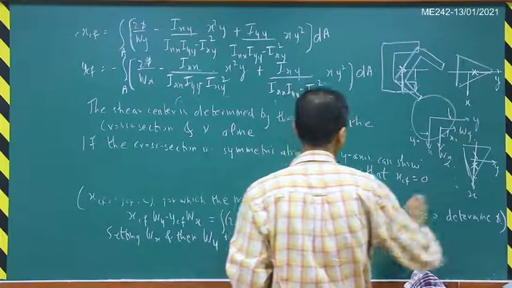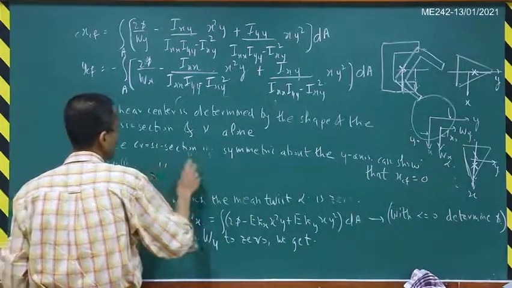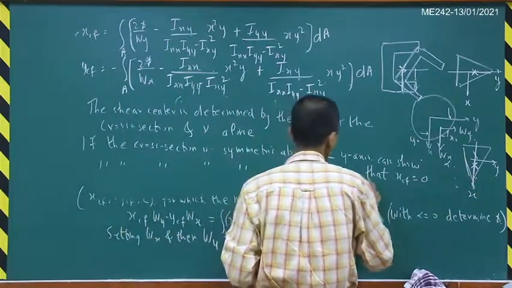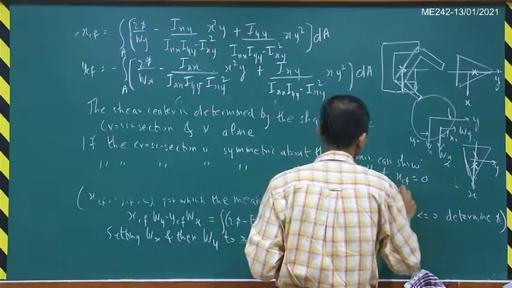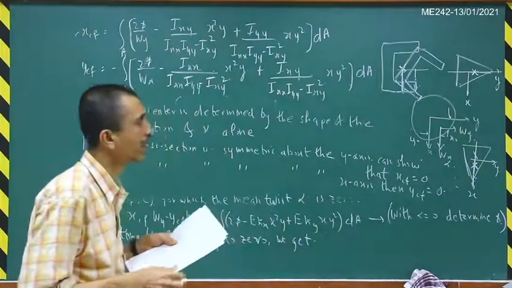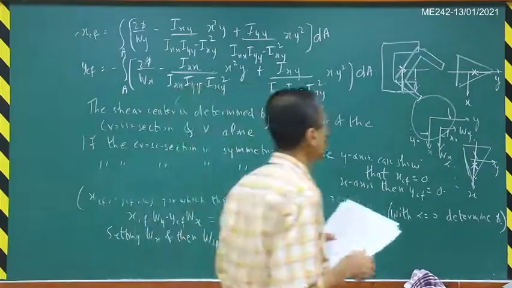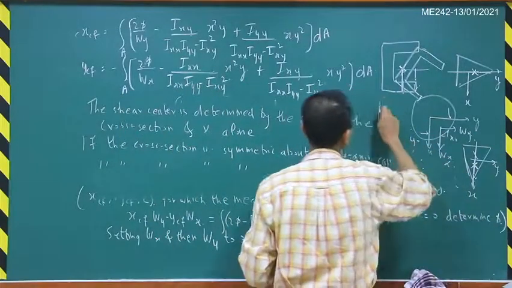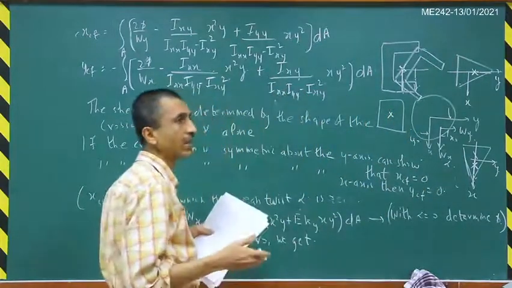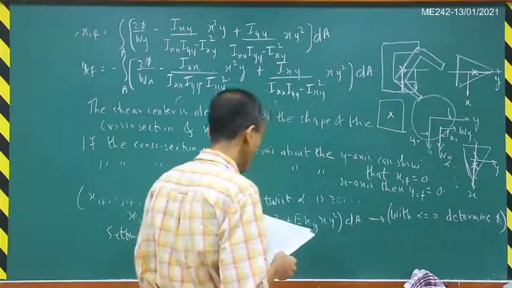So YCF will be equal to 0. And if it is doubly symmetric, then it will lie at the centroid itself. So suppose you have a rectangular cross section, then the shear center will lie at the center itself, because that is at the intersection of the two symmetry axes. So obviously that will be the centroid itself.